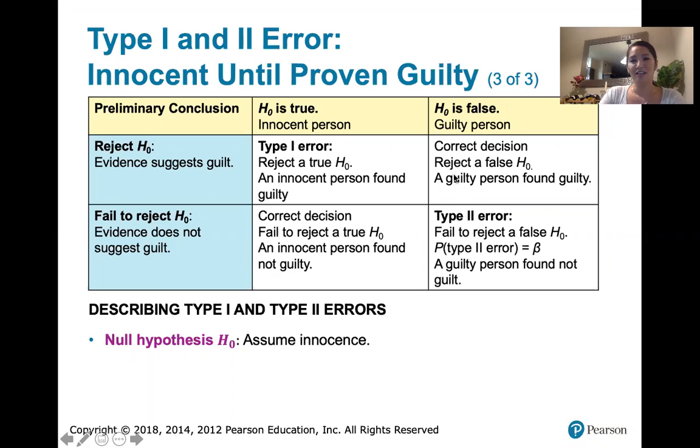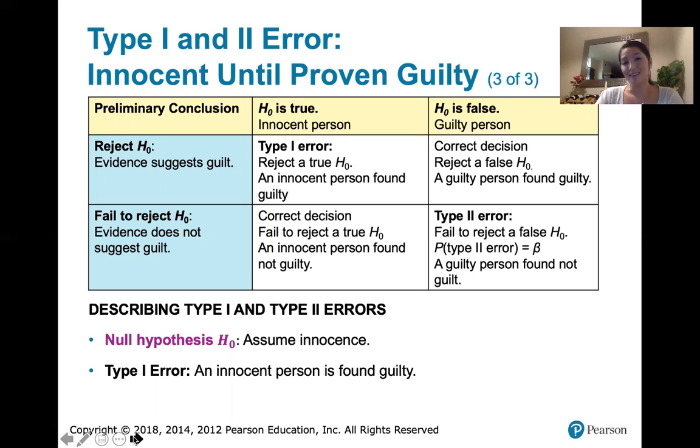So we're rejecting the idea that that person is innocent because evidence suggests they're guilty and they're actually guilty. Guilty person is found guilty. That's a correct decision.